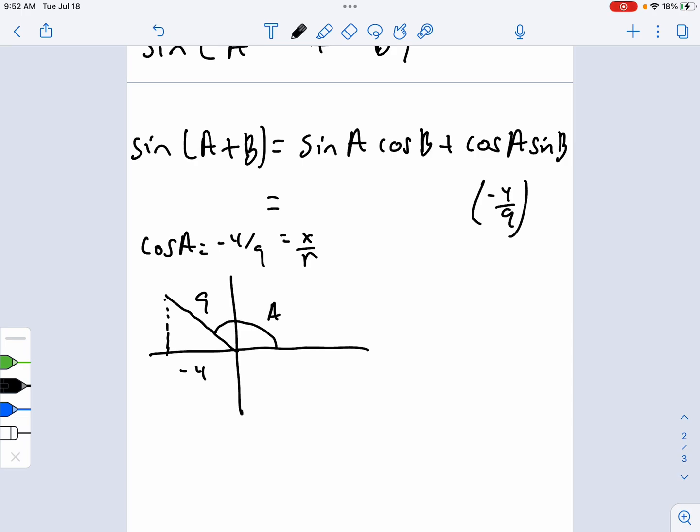That would be the square root of 65. So I'll let you do that. So sine of A equals y over r, root 65 over 9. We're just going to put that in there.